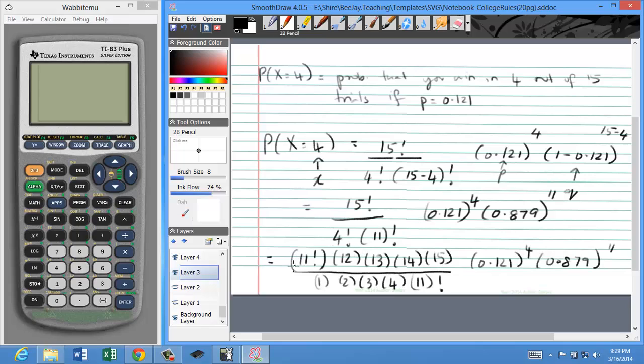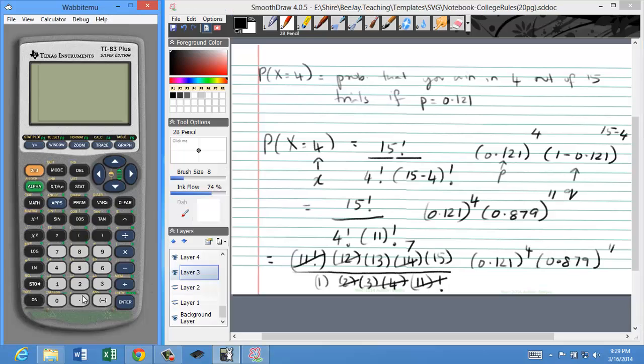Now I could cancel that term and that term. I could cancel 4 times 3, which is 12, and I could also cancel 2 and 14, 7 times. So you have 15 times 7 times 13, which should give me 1365.